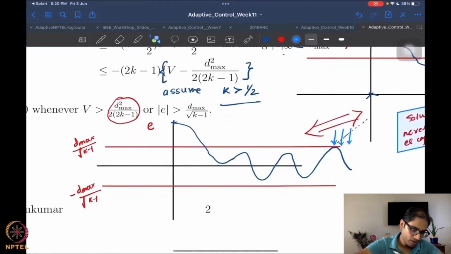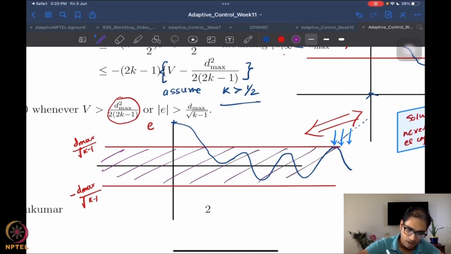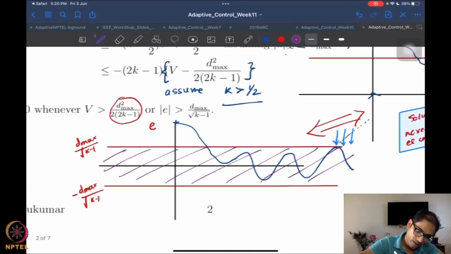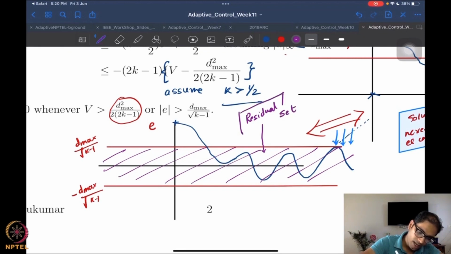Therefore this sort of a set that I'm now drawing in the picture here is called the residual set.